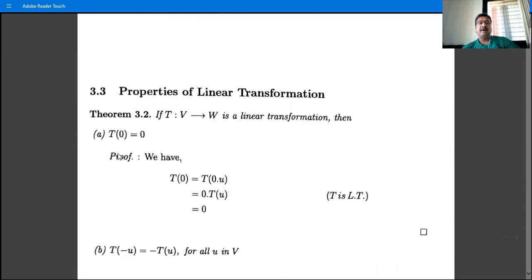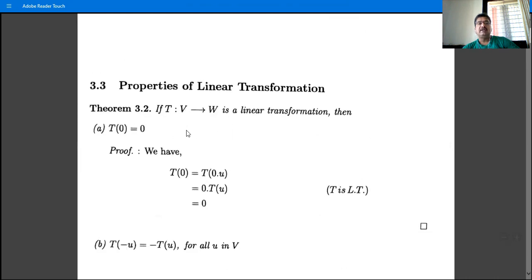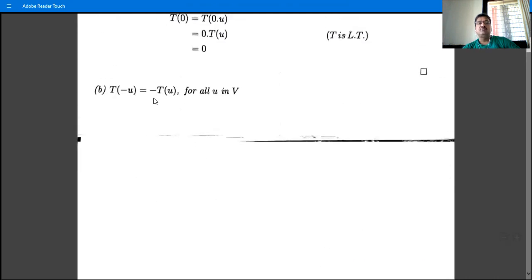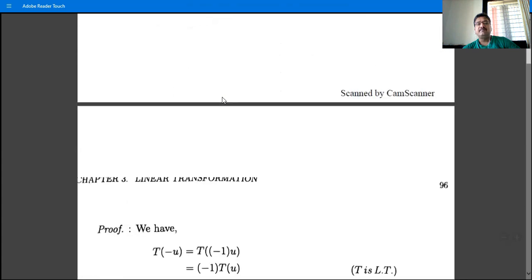So if T(0̄) is not equal to 0̄, then that is not a linear transformation. T(−ū) is −T(ū).